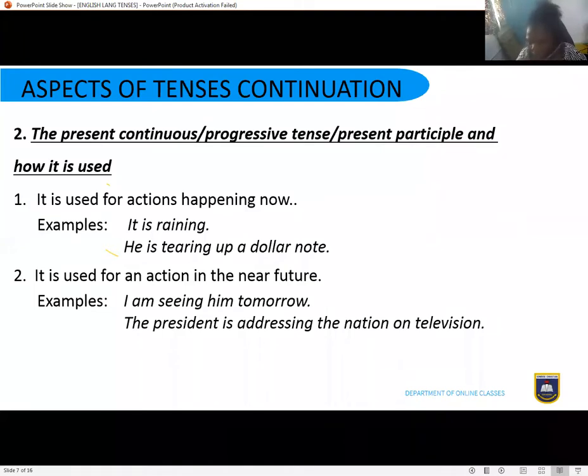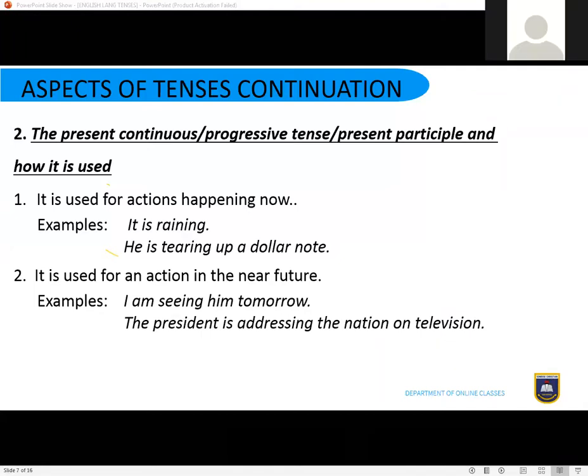Any question on this? No, madam. The present perfect, we are not there yet. We are still on this one. This is the second one. Oh, okay. So you are still explaining, right?